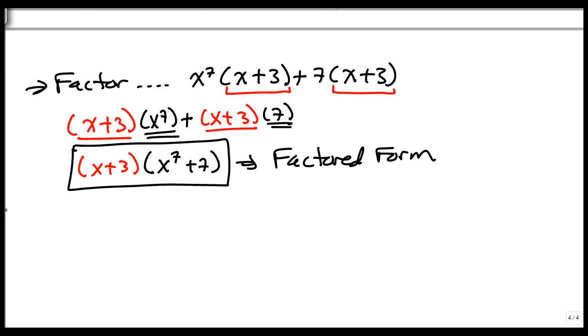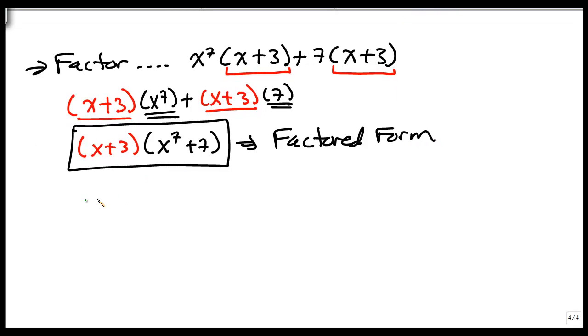And let's go ahead and check this one, just because it's a little bit different than the other ones have been. If I check this, I would take the x plus 3 times x to the 7th plus 7, and I would take this entire value of x plus 3 and I would distribute it to both terms.